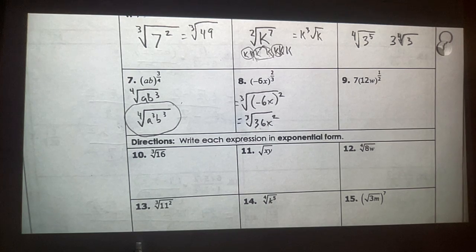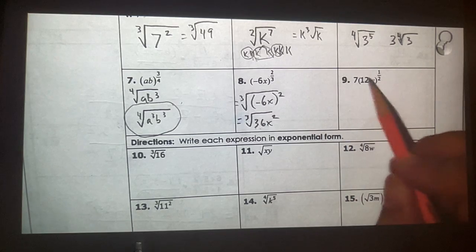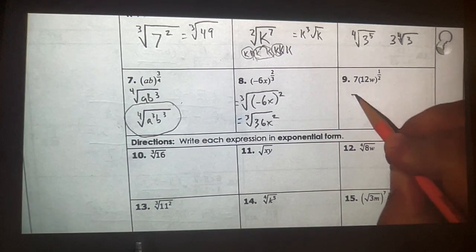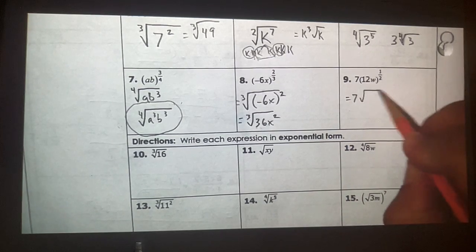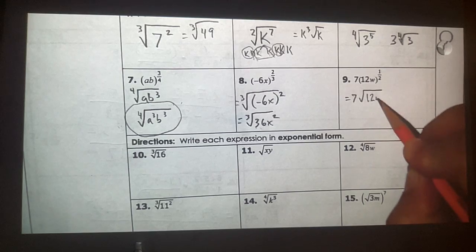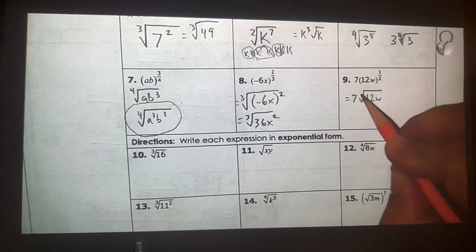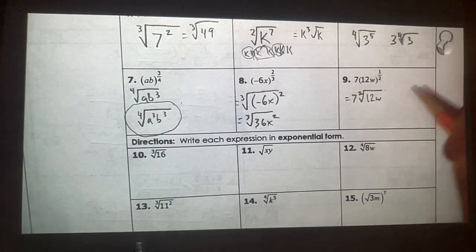Number 9, we'll do number 9 real quick, and then I'm going to keep on pushing. I'm going to leave this 7 out front all by itself. I'm just going to put that under a radical. So 7, radical 12W. My index is 2. I'm going to the first power.